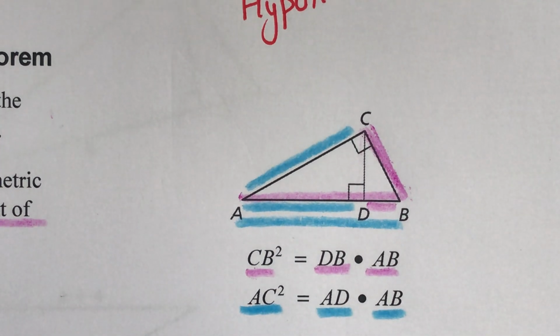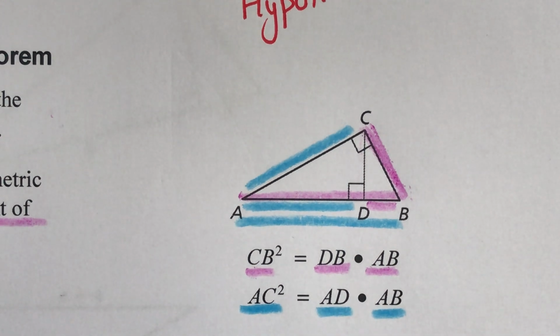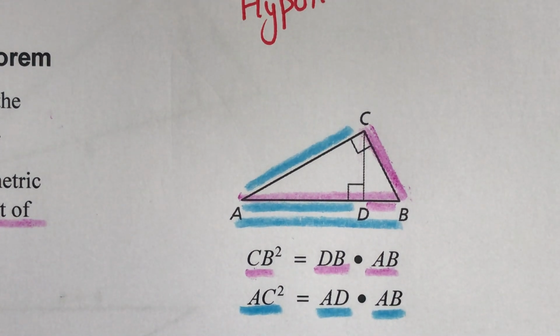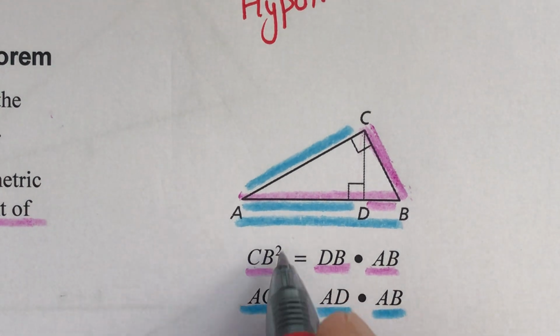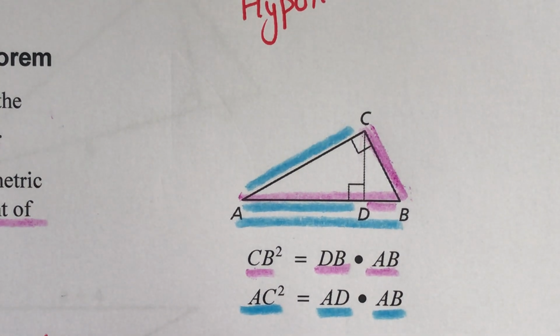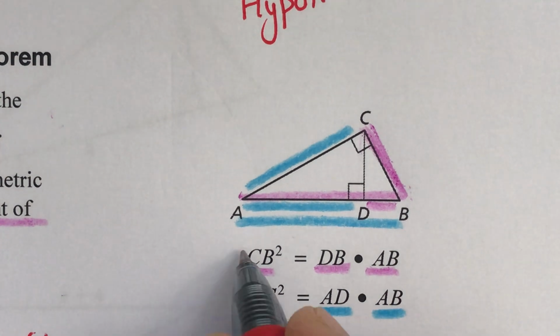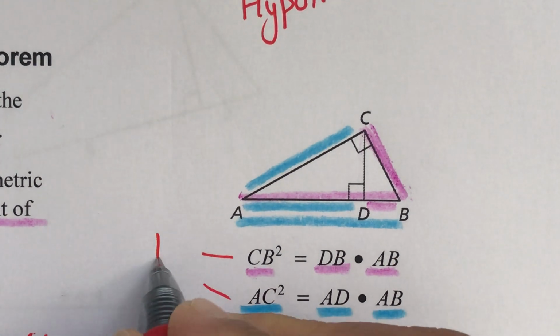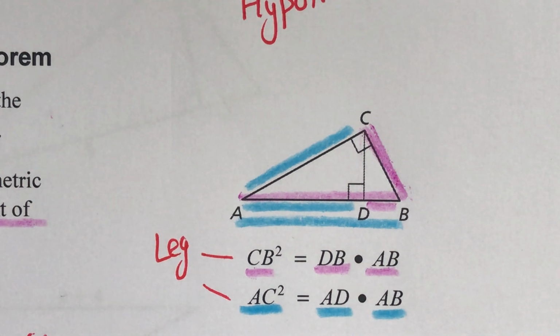It's just like taking the part towards that leg times the whole hypotenuse. So we can summarize it. Just in general notation, if I have to find a leg, because these are legs, we're finding legs, that's why it's a leg theorem.